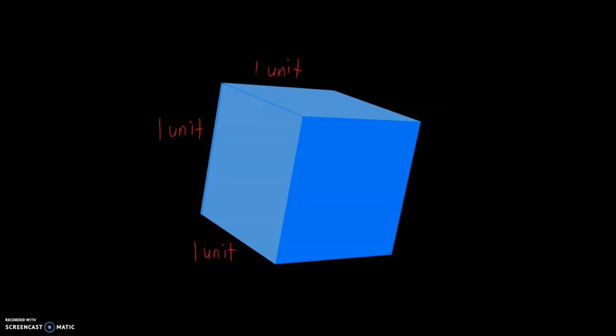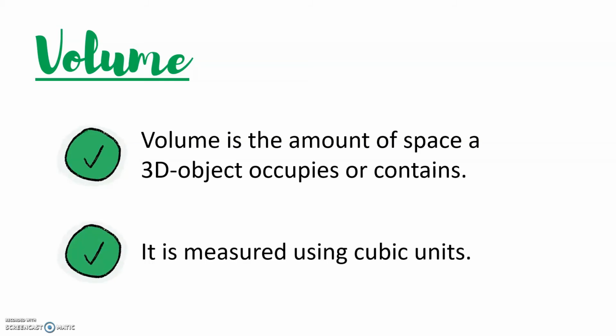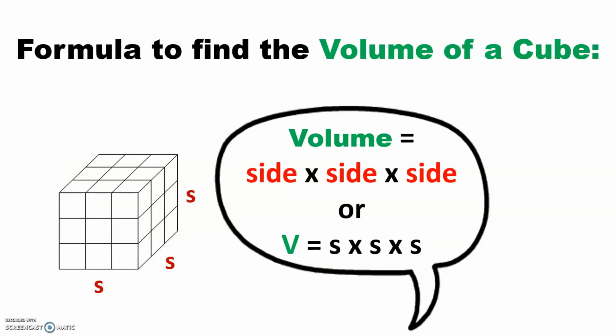And to measure the amount of space occupied by this three-dimensional figure, we now use the quantity called volume. Therefore, volume is the amount of space a three-dimensional object occupies or contains, and it is being measured using cubic units.